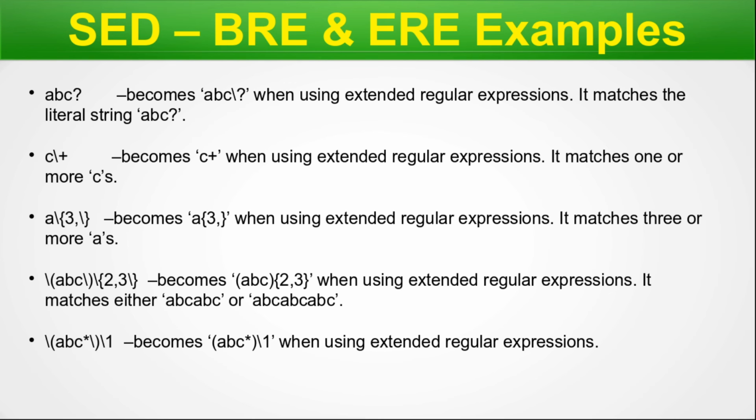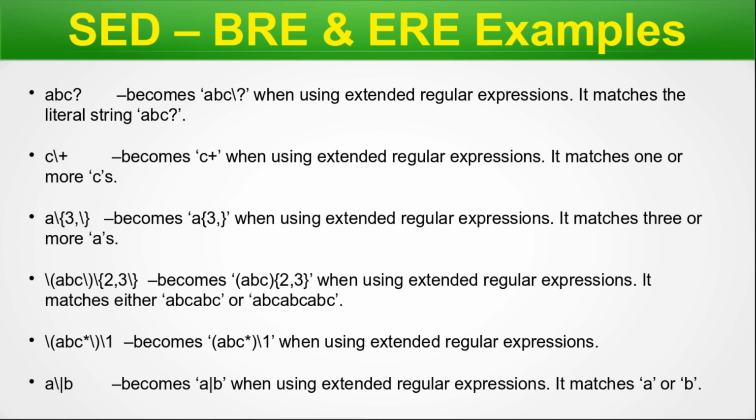So this next one becomes the same without the backslashes for the grouping when using extended regular expression, and A backslash pipe B becomes A pipe B when we are using extended regular expression, and it matches A or B. So this is how things will be different in BRE and ERE. So you can make a choice in which you are comfortable. Okay, you can choose either BRE or ERE.